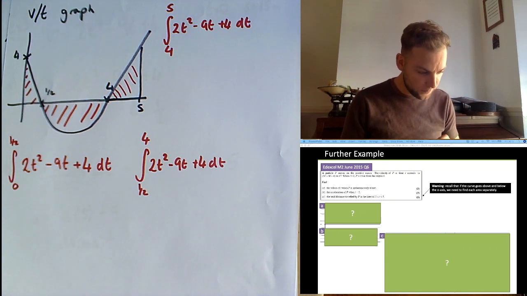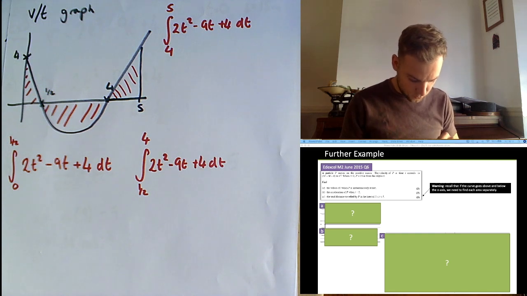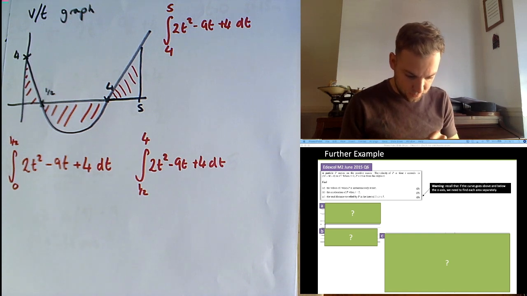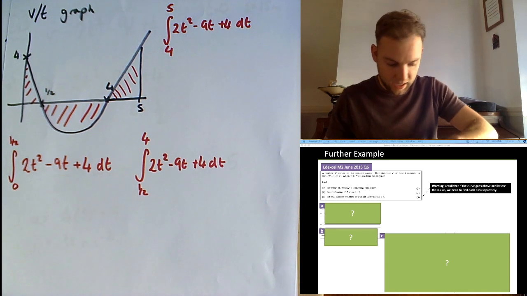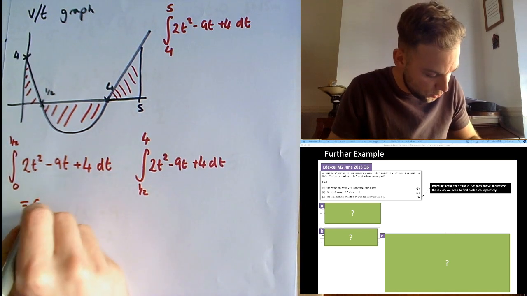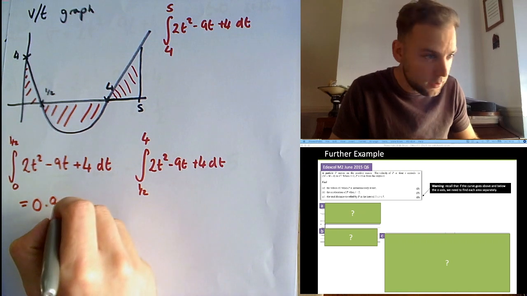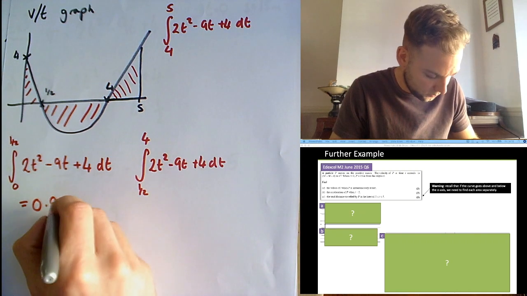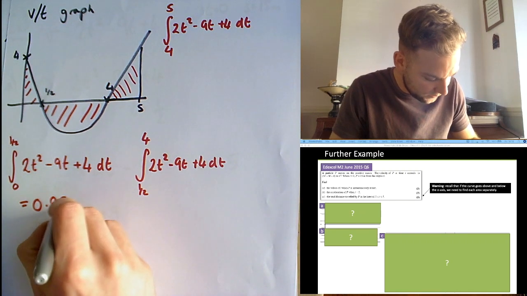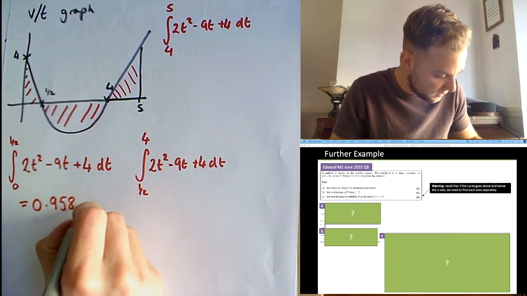So integrate 2, it's going to be x, isn't it? 2x squared minus 9x plus 4 between 0.5 and 0. So this one here is equal to 0.958 meters.